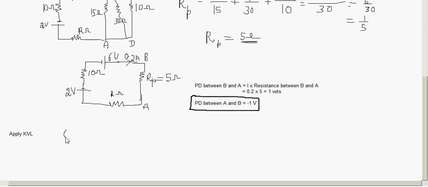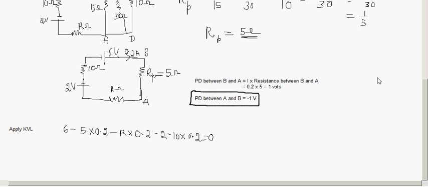So 6 minus 5 into 0.2, that is the voltage drop across 5 ohm, minus R into 0.2, and minus 2, minus 10 into 0.2, equal to 0.